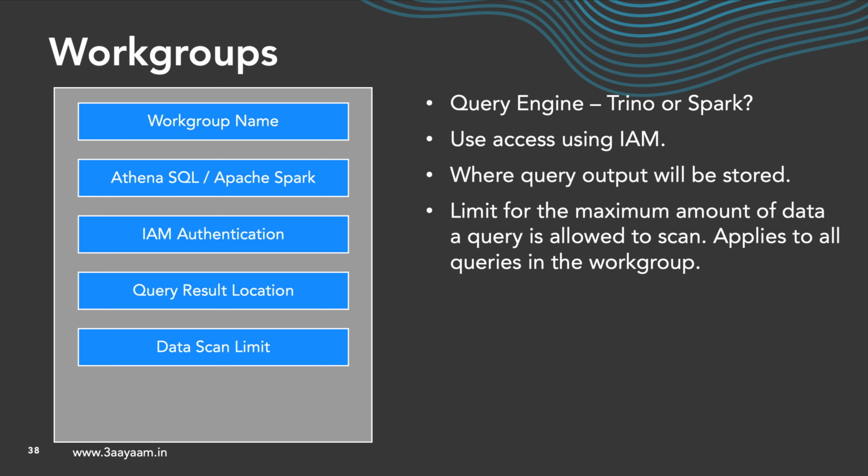If you run only one query at a particular time, not concurrent queries, then the 5 terabyte limit would apply to that one query. So irrespective of the number of queries that you run concurrently or separately in a workgroup, the data scan limit applies to all the queries.